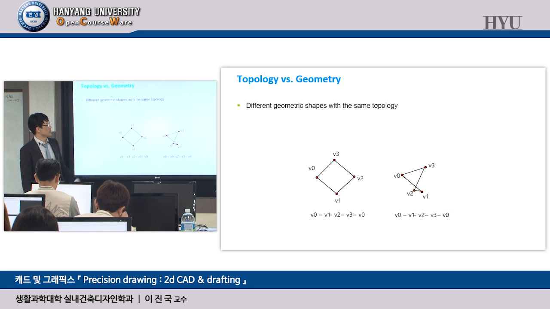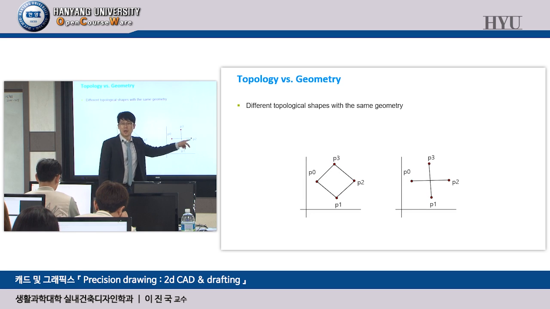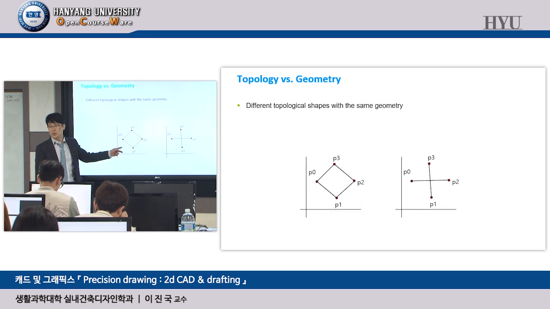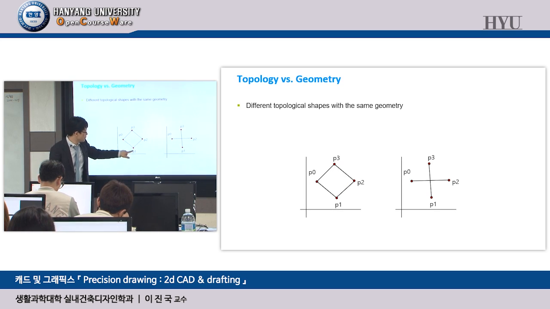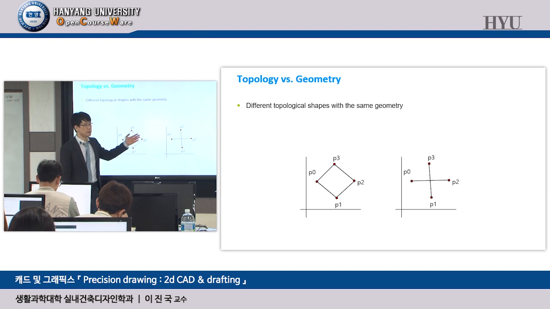That's the issue. Next one, same geometrical location, but at this time, a different topological relationship, which defines a totally different shape, okay?